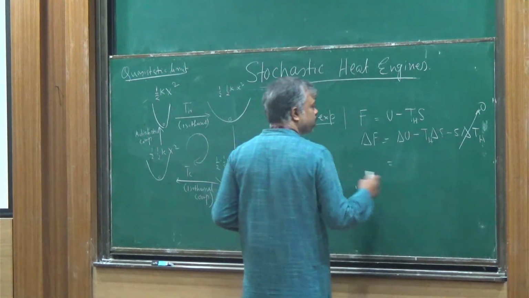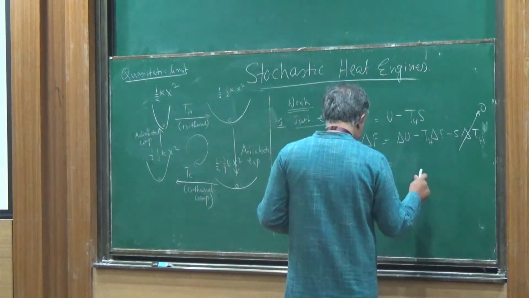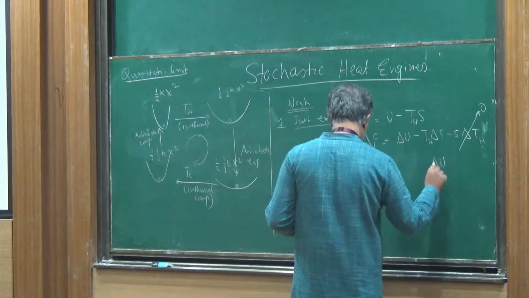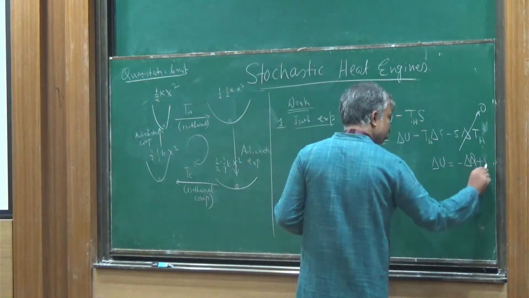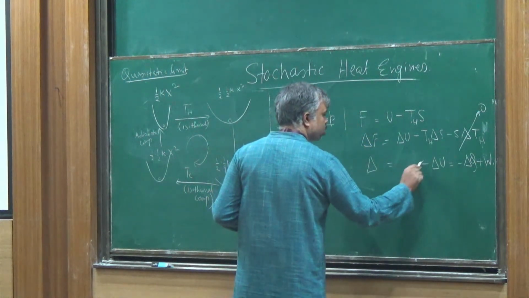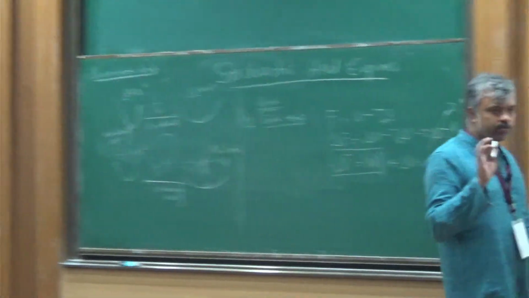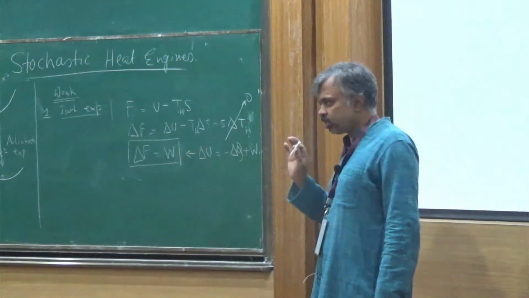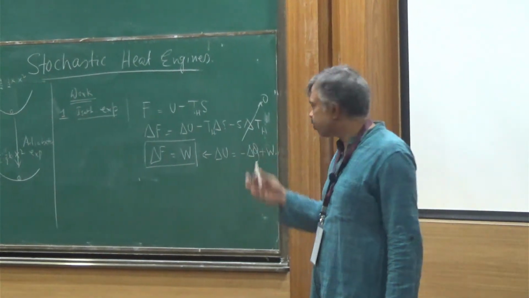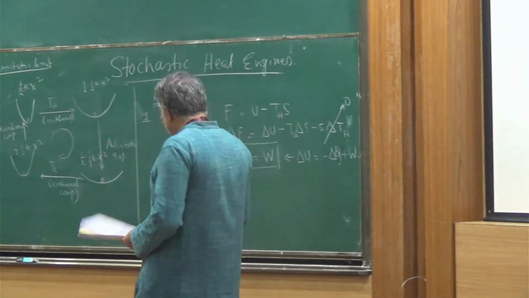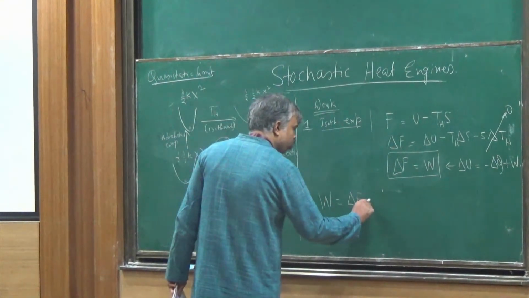So we have TH delta S, and now delta U is the first law. From there, delta F is, so we just need to calculate the free energy difference in the quasi-static limit. This all we do in the macroscopic case, so very similar, right? So W is delta F in the quasi-static limit.